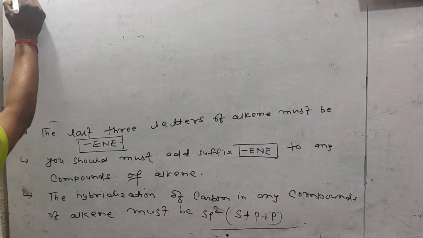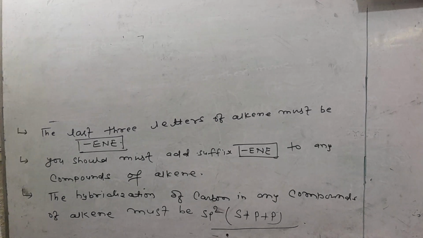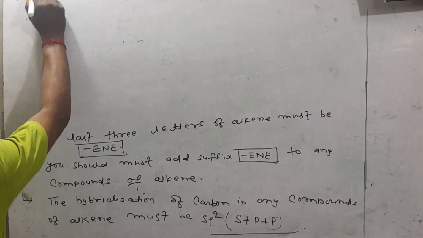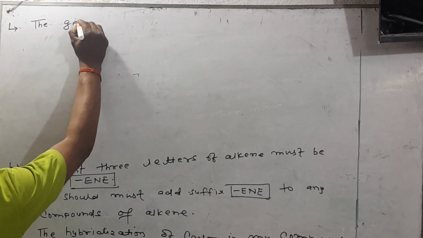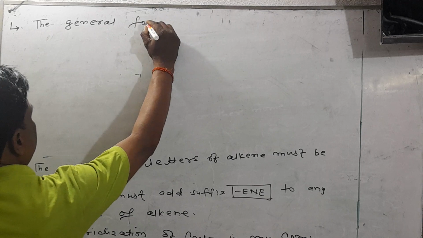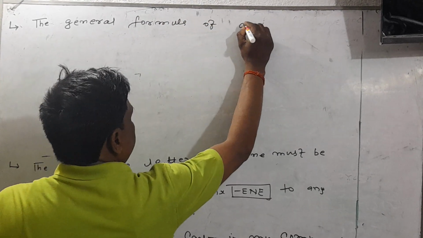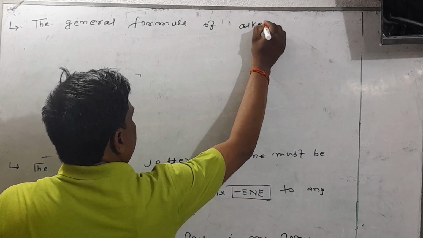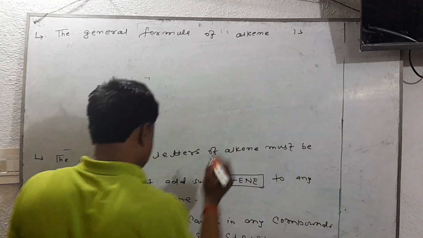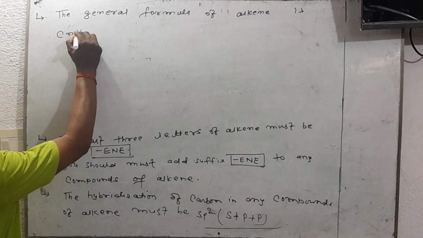The next point is the general formula of alkene. The general formula of alkene is CnH2n.